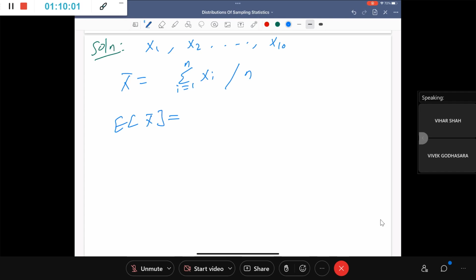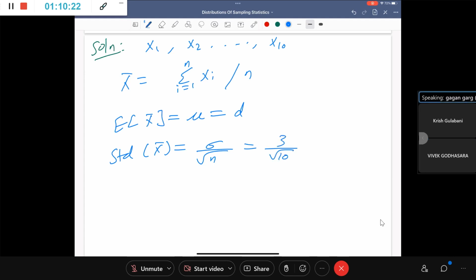Mu. Yeah, and what is mu in this case? d, the actual distance. Yes, perfect. And what is the standard deviation of x bar? Sigma by root n. 3 by root 10. Right?